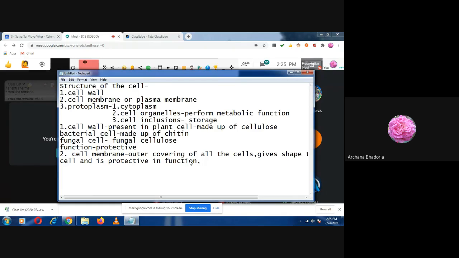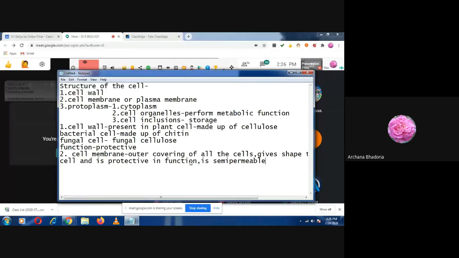Then it is semi-permeable. Very important property is semi-permeable. Anyone knows what is the meaning of semi-permeable? It allows certain particles to enter and some will be prevented from entering.